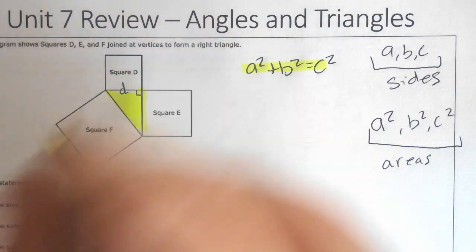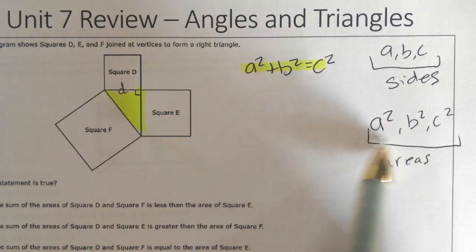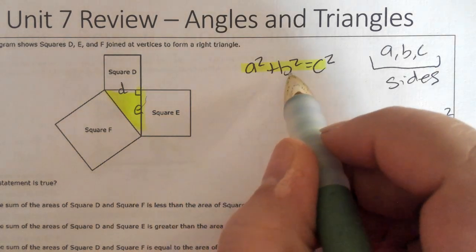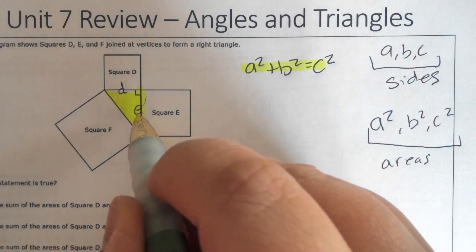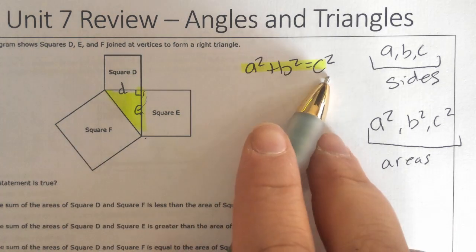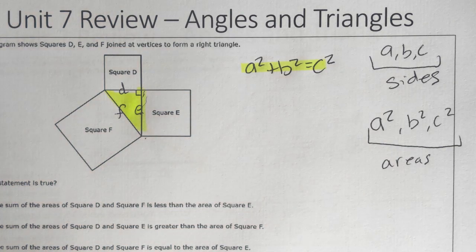So if this is the side length D, then square D represents the area of that leg. Square E represents the area of a leg. Just regular E tells me the side length. Square F tells me the square off of the hypotenuse. Just F is the hypotenuse.